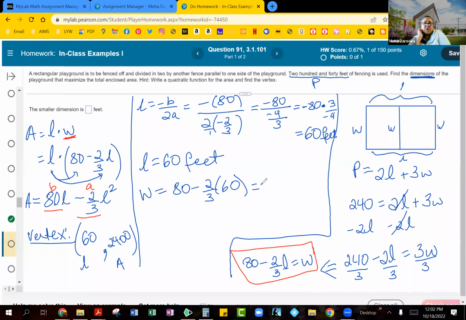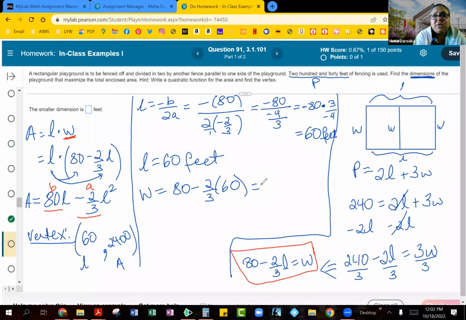So can you tell me what our width will come out to be? And in this case, you are not going to end up with a square because we separated the playground into 2 halves. This one doesn't convert into a square like we did with the handout example.